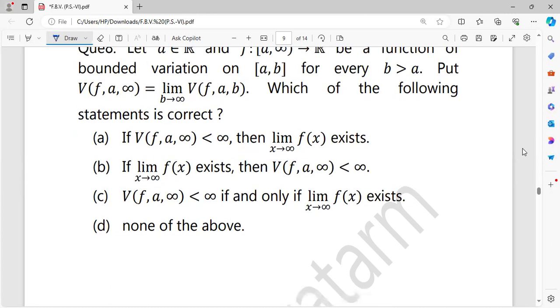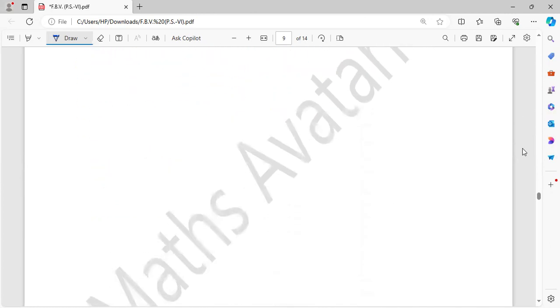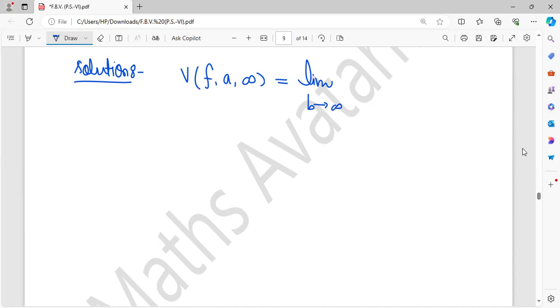Let's check it. It is given that V f [a, infinity) is the limit as b tends to infinity of V f [a, b]. So what does it mean?